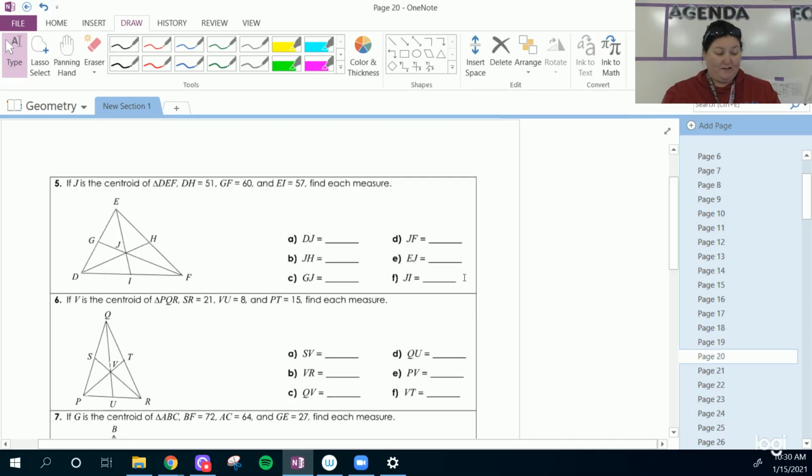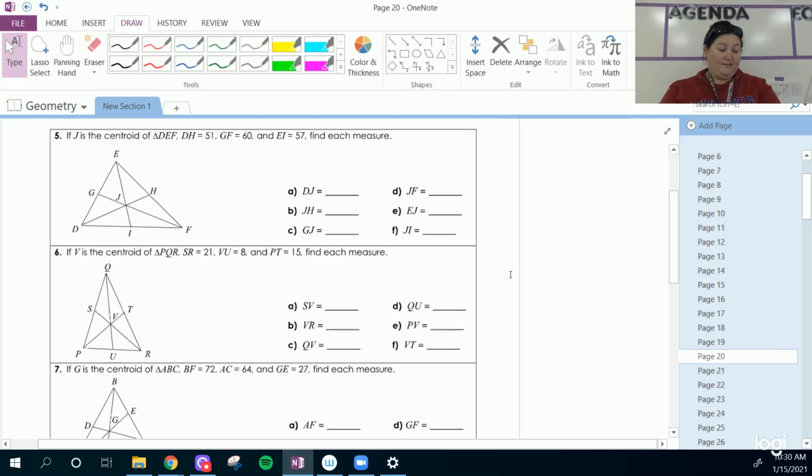So next page, we're going to start with number 5. Continuing on with the notes, it says if J is the centroid of triangle DEF and DH is 51. So let me go ahead and mark up my drawing. So DH is 51. GF is 60.